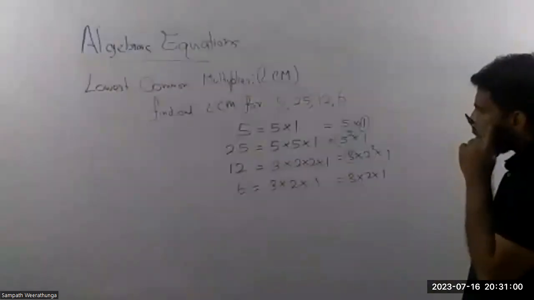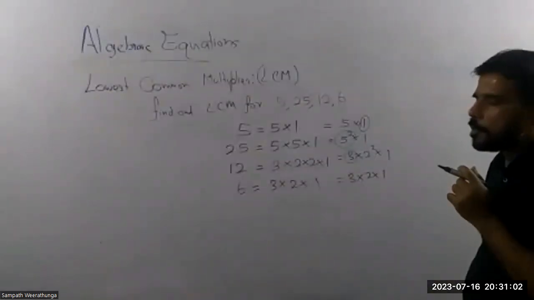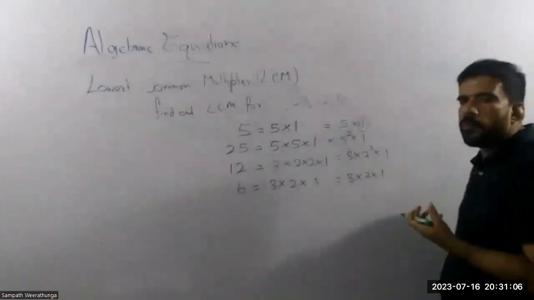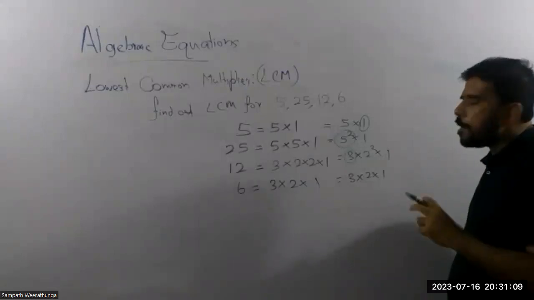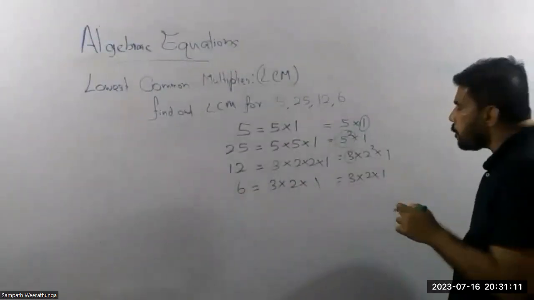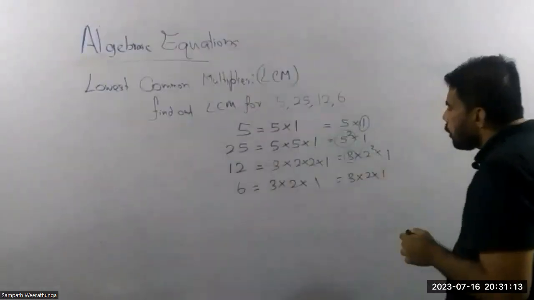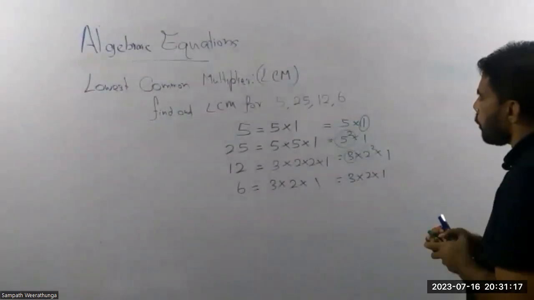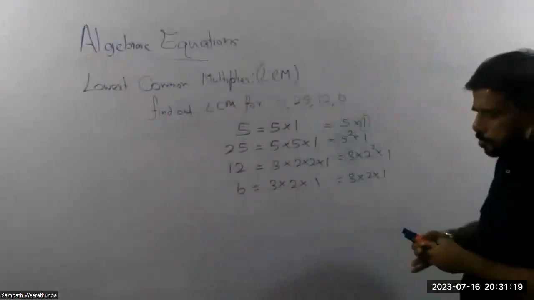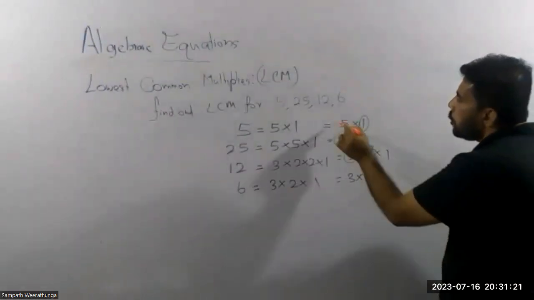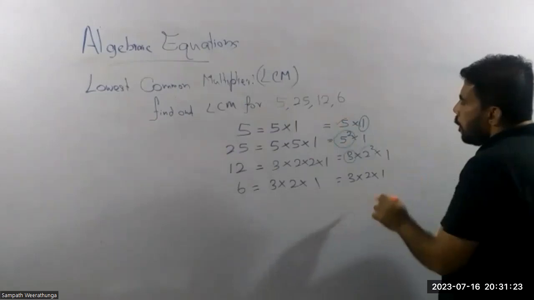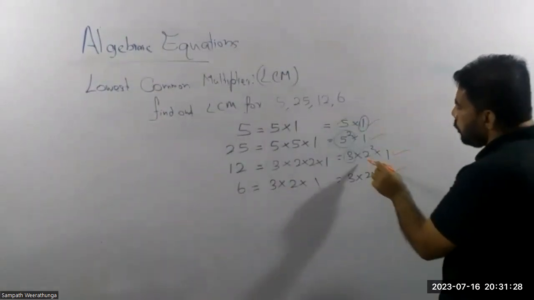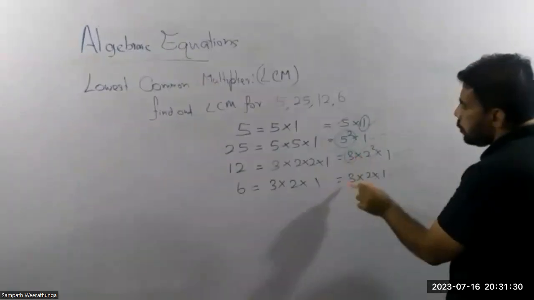So then the lowest common multiple means the lowest number which can be divided by all the given numbers, that is 2 square. Now we have to check the combination. All 5s are addressed, 1s addressed, 2s addressed, 3s addressed.